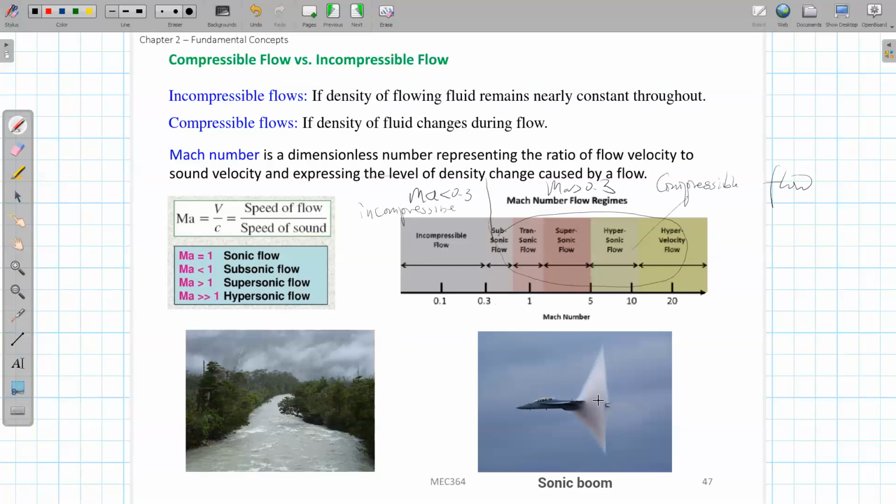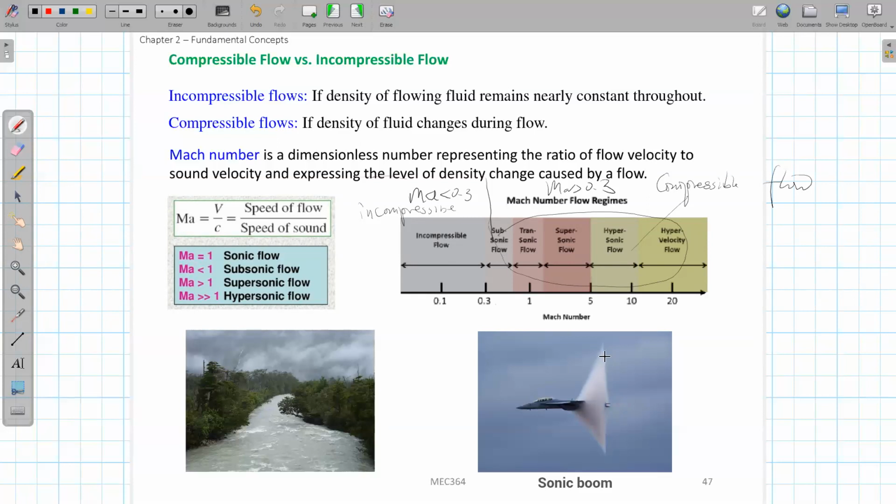Why do you see this? This is when the air fighter is accelerated across Mach number equal to 1. At this moment, it transitions from subsonic to supersonic flight, and at this critical point, you will see this so-called sonic boom. It's a kind of Mach disk.